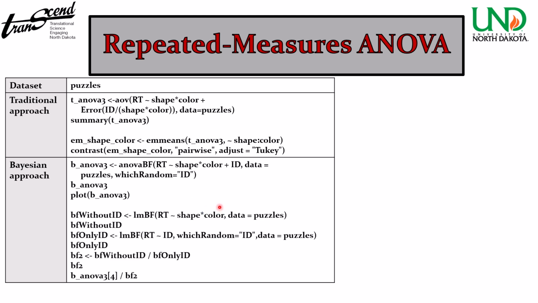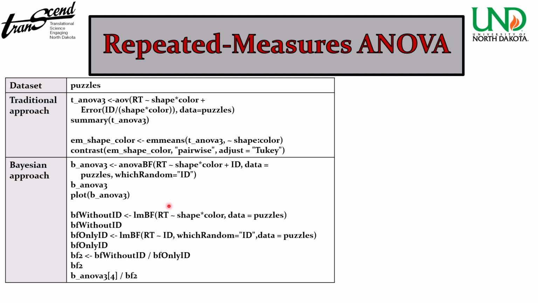With Bayes, we have a little bit different setup, where the formula is y as a function of one of our x variables plus ID, and then we do need to set this other option, which is random. So what's the random effect? Because essentially that's what repeated measures is, sort of a random effect. You can set it as ID.